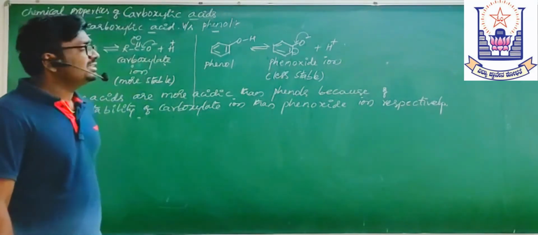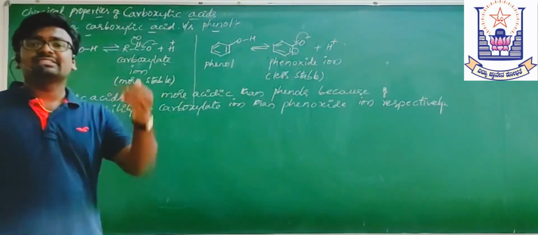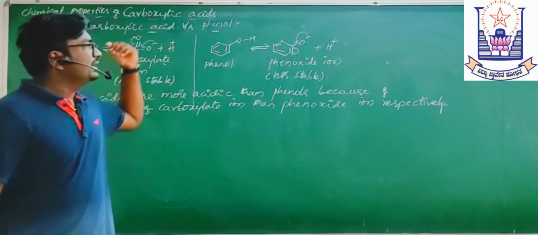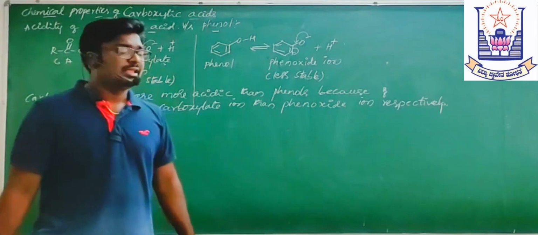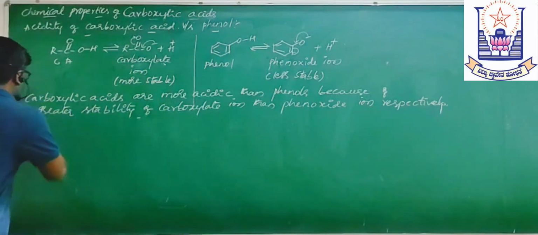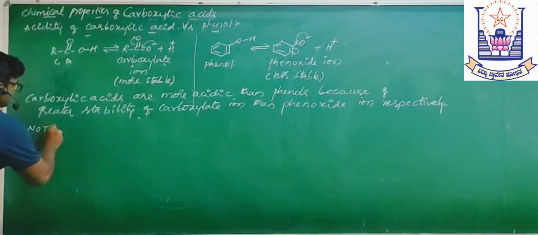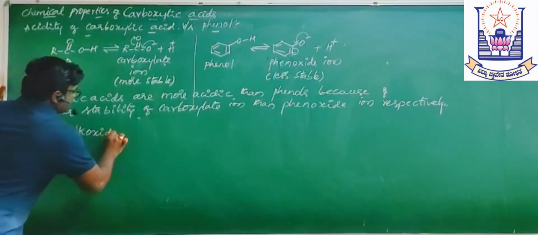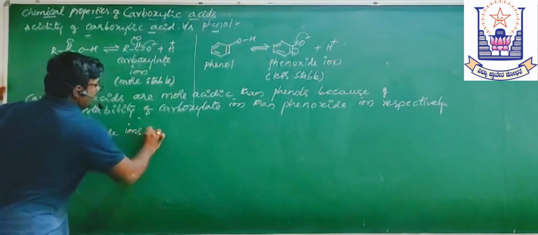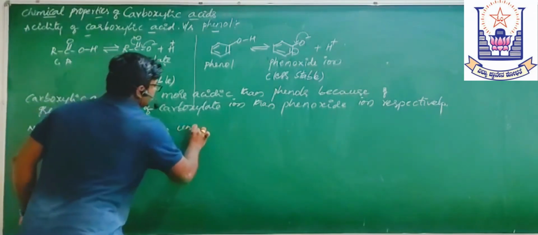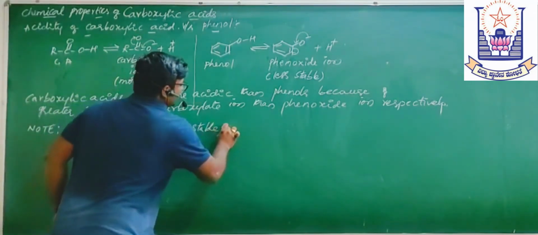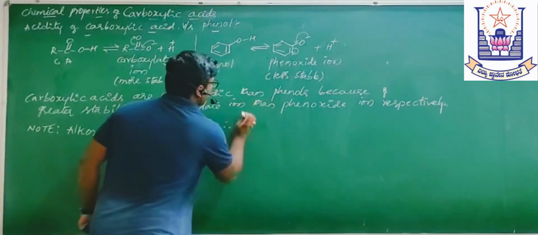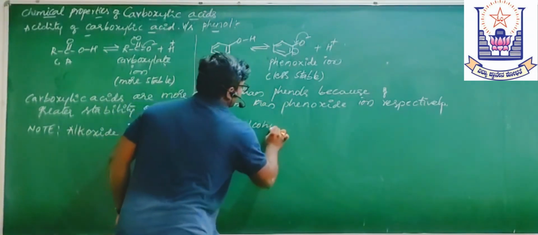When you consider the alkoxide ion, it is unstable. Alkoxide ions are unstable. That is why it is least acidic. That also you can take here. Note, alkoxide ions are unstable. Therefore, alcohol is least acidic.